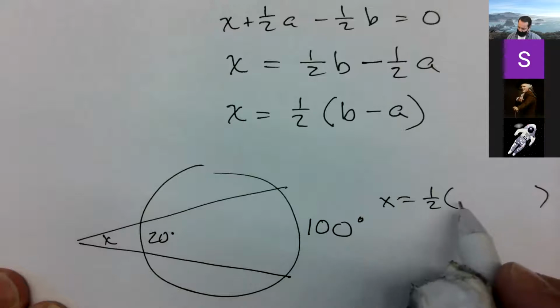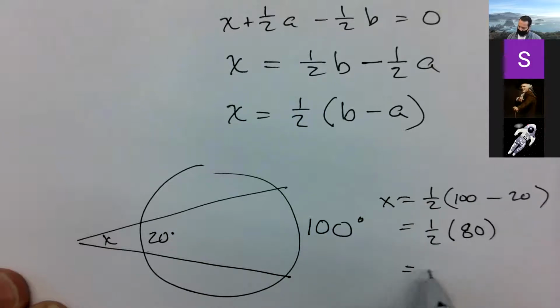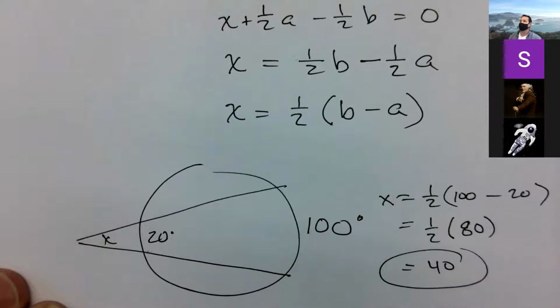So I'd take the big arc minus the little arc and take half of that. So it'd be 40 degrees. It's not going to turn out to be 1/4. It's not going to turn out to be 1/8 or 1/3 or anything like that, because it'll change. The minute I adjust this one, this angle will change as well. So it's got to take into account both of those.